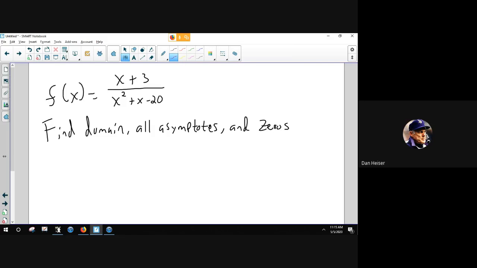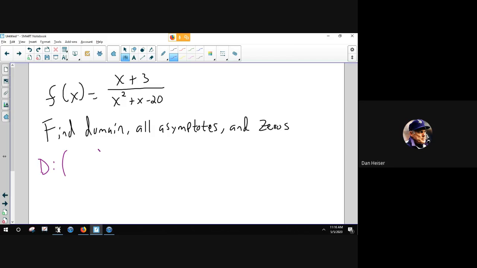I'll start with domain. We need to find where the function is undefined. That will also help us get the vertical asymptotes as well. So factoring the denominator, setting it equal to 0, we should be able to find what our values are.